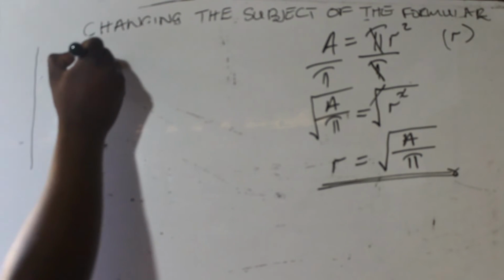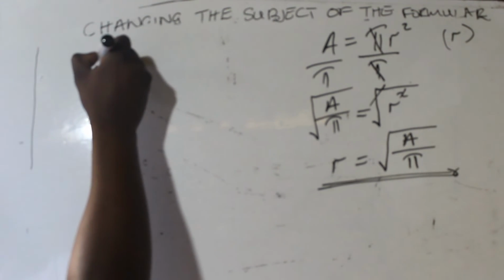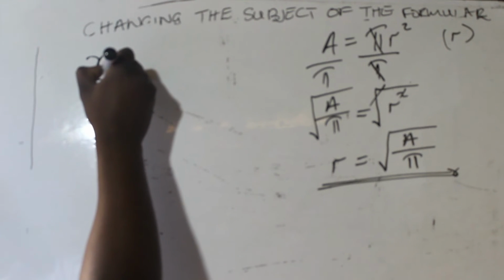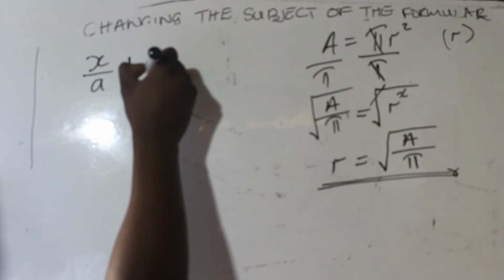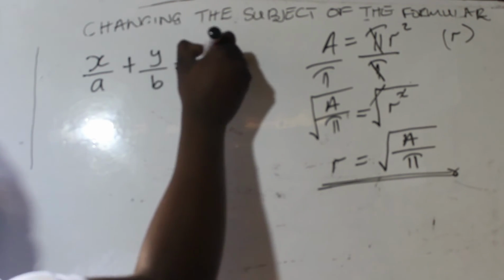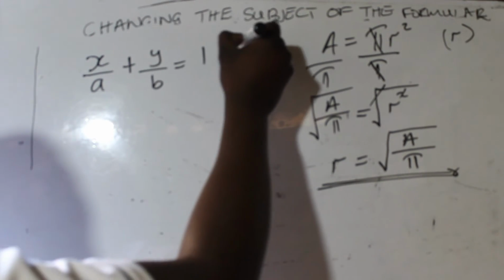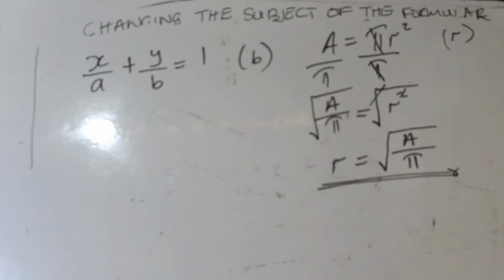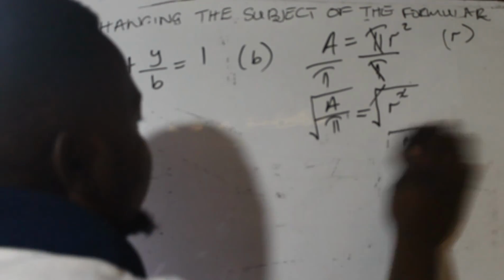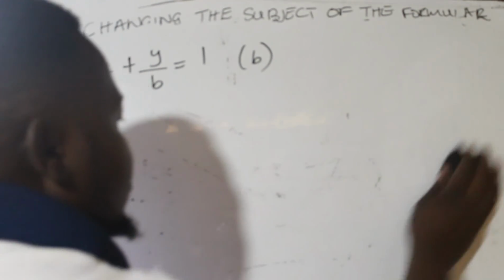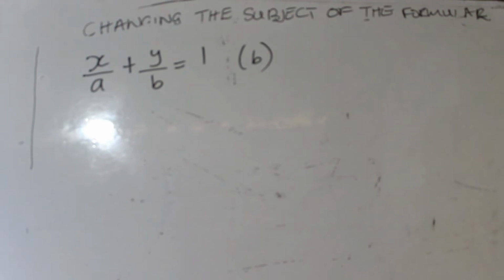Then another question: x over a plus y over b is equals to 1. In this case, we want to make b the subject of the formula. There is a fraction here, so we have to clear the fraction.